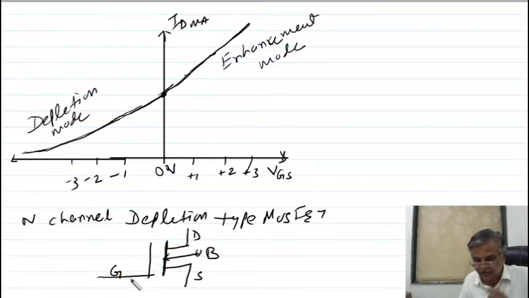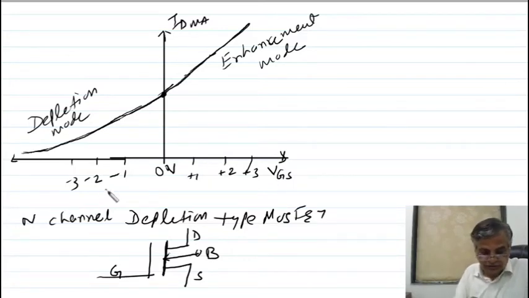So when the gate is 0, current will flow. When the gate is negative for an N channel depletion type, current decreases. When the gate is positive, current increases, but this FET is called a depletion type MOSFET only. So what is the use of this? This is used as an amplifier.